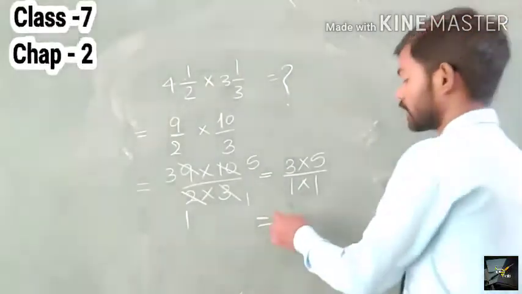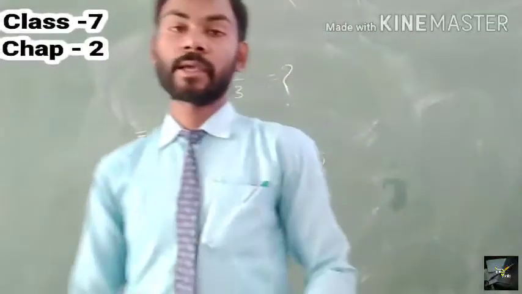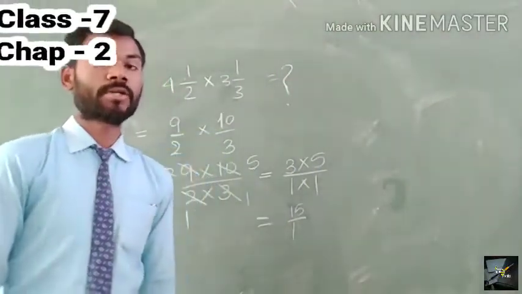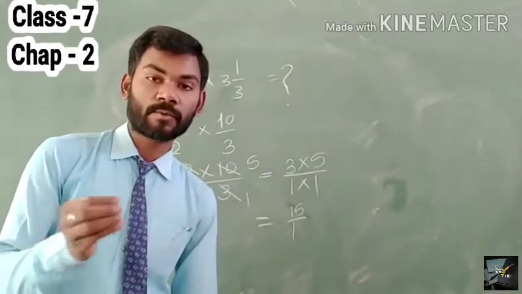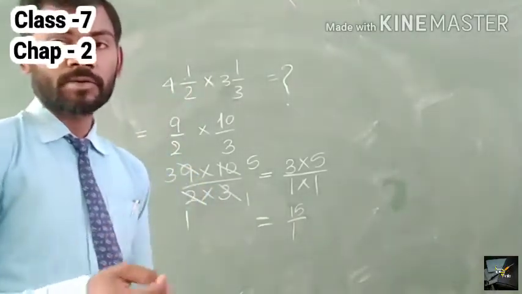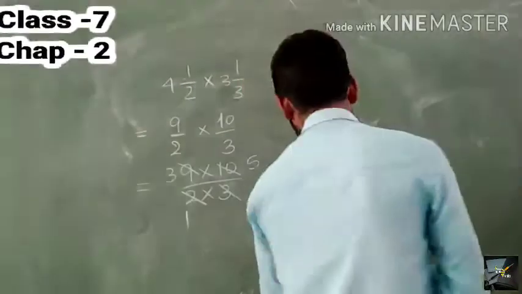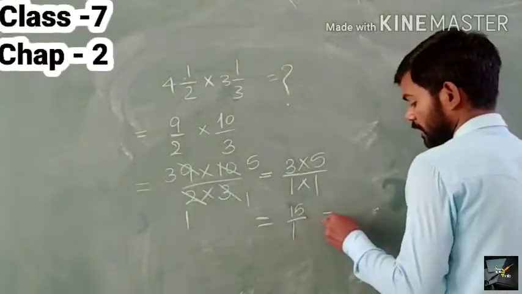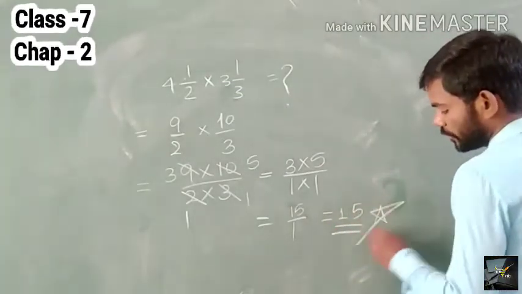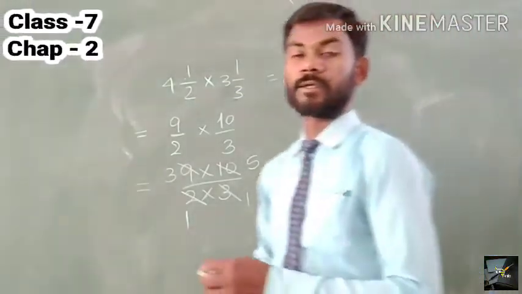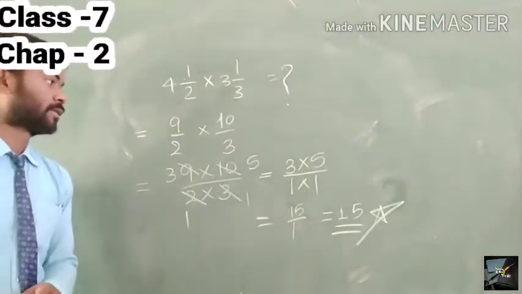Therefore, we get 15 upon 1. Here also I told you that if any number is divided by 1, then its value always remains unchanged. Therefore 15 upon 1 can also be written as 15. Therefore 15 is the right answer.